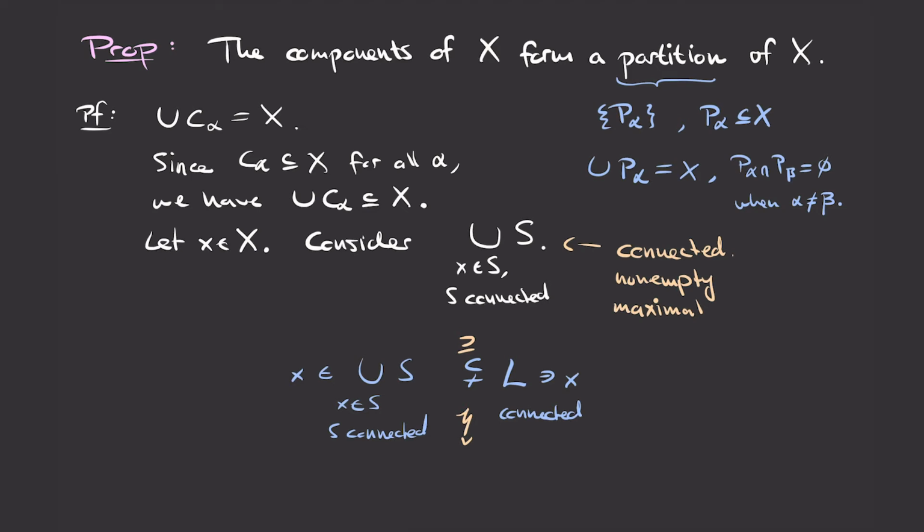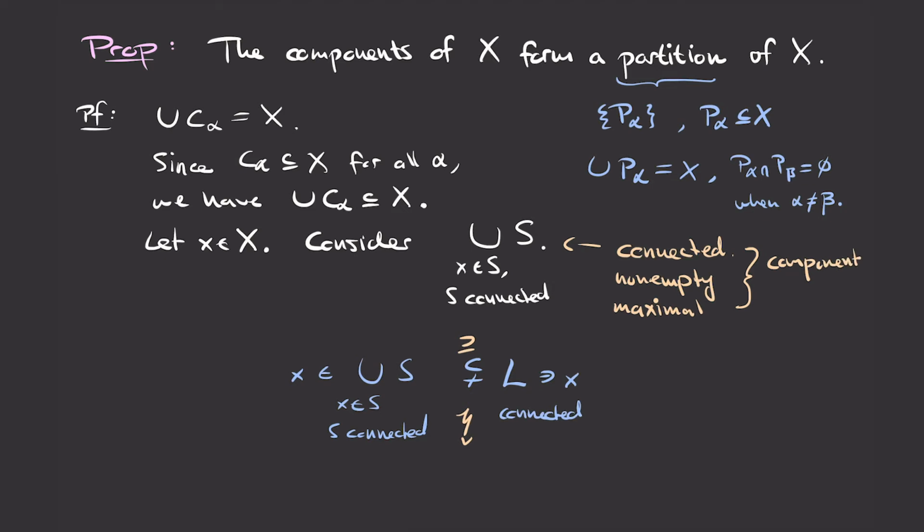Okay, so we started with a point X in our space, and we've now found a maximal non-empty connected subset, namely this union here, that contains that point. These conditions here basically just mean that this union is a component.